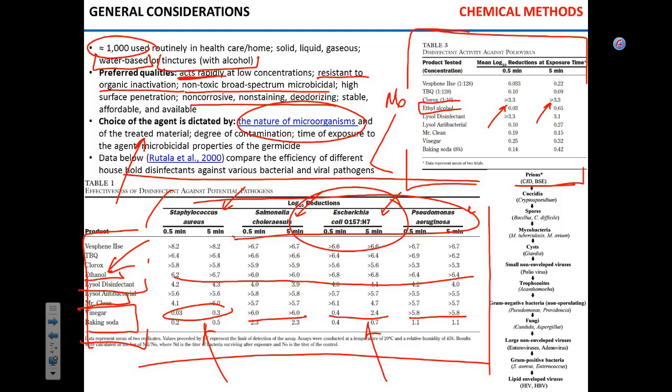So that's the thing. How badly the surface is contaminated. Whether there is any other soilage, like feces or blood, that will make a difference. Actually, even the material will make a difference. Whether you cleaning solid surface or porous surface will make a lot of difference.